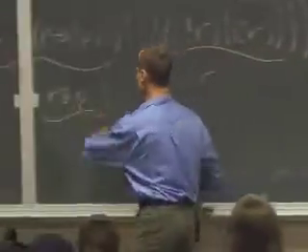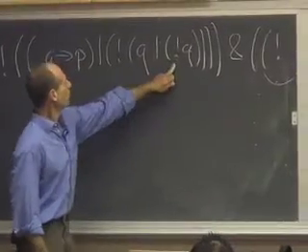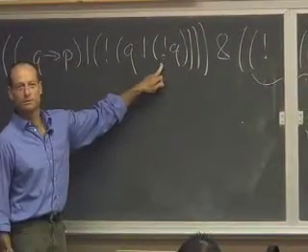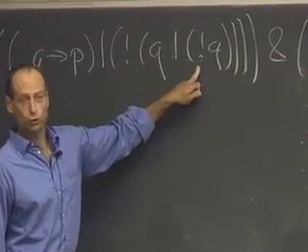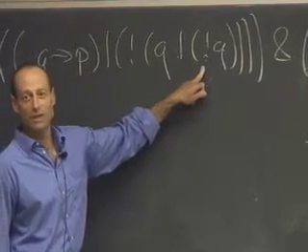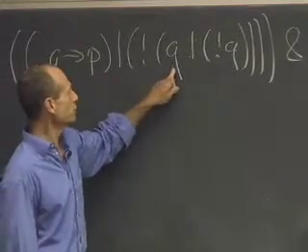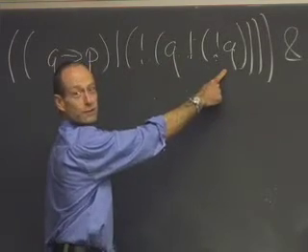All right, so this whole thing evaluates to R. What about this? Q or not Q? True, right? Q has to be true or false. Can't be neither true nor false. If Q is true, this is true because that's true. If Q is false, this is true because that's true.